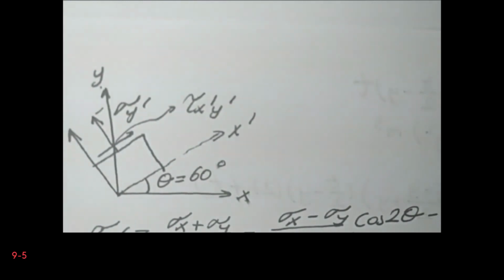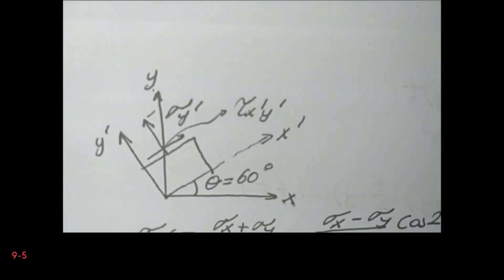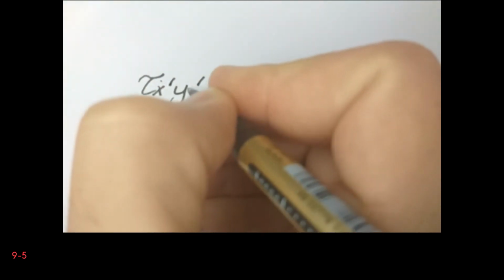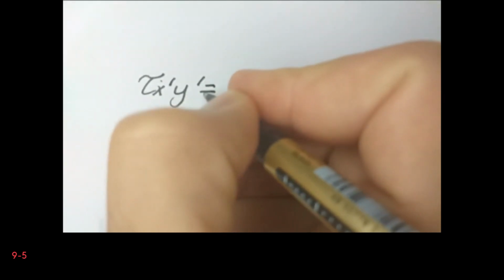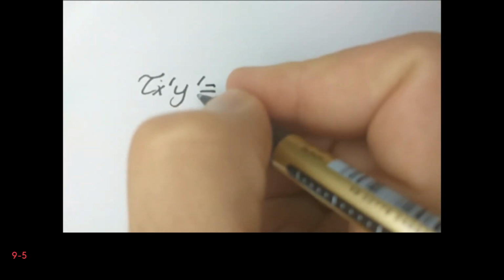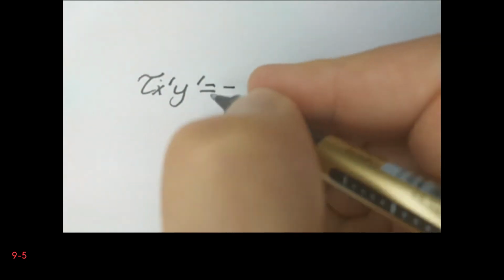Now let's calculate the shear stress. Tau x prime y prime is equal to, now sigma x is 0 minus sigma y.